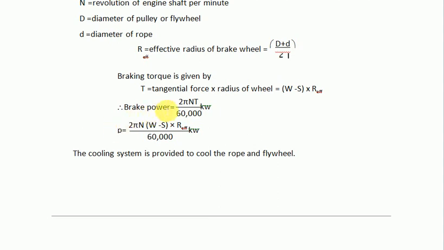So brake power is given by 2πNT over 60,000 kilowatt, where T is substituted by (W − S) into R effective. So this is how we can calculate the power, or also we can calculate the torque of the engine or system.